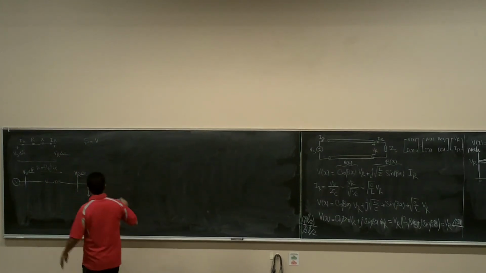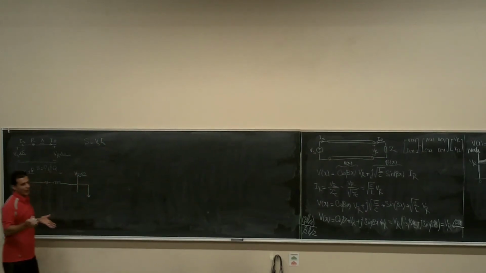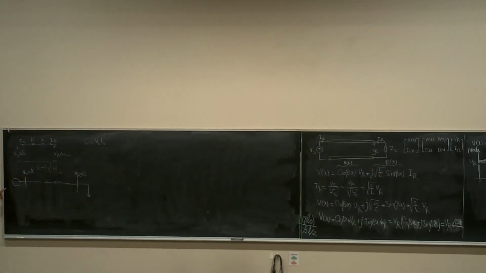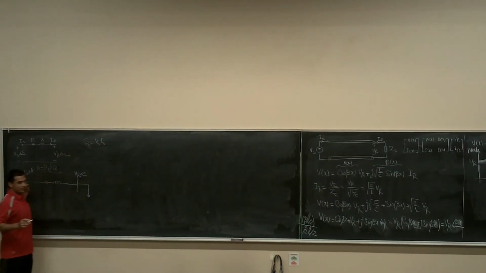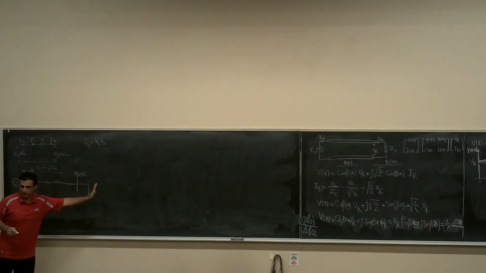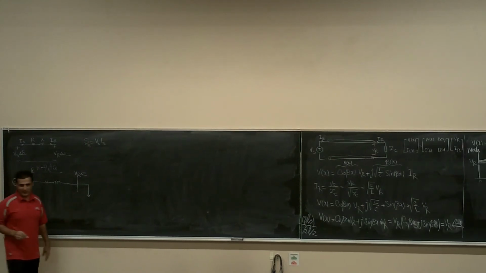So S is VI conjugate, or it could be VS IS conjugate. Let's see which side you want to calculate. Now this is important. I'm going to calculate on the generator side, the source side. So let's call it SS. There is the SS, coming from here, and there is the SR here also. We can calculate those. Let's calculate SS.